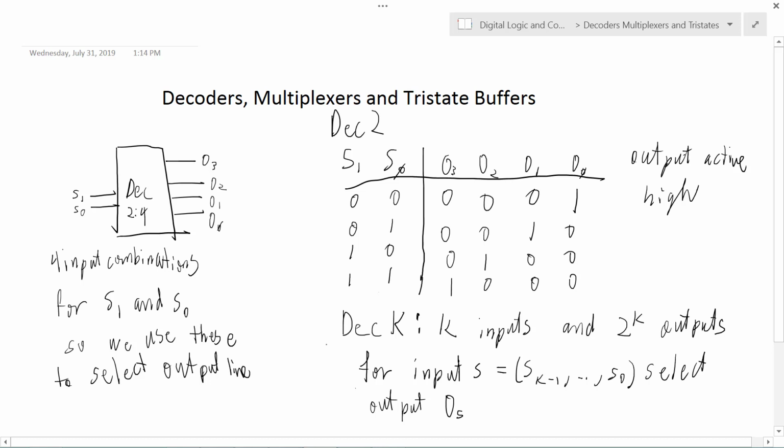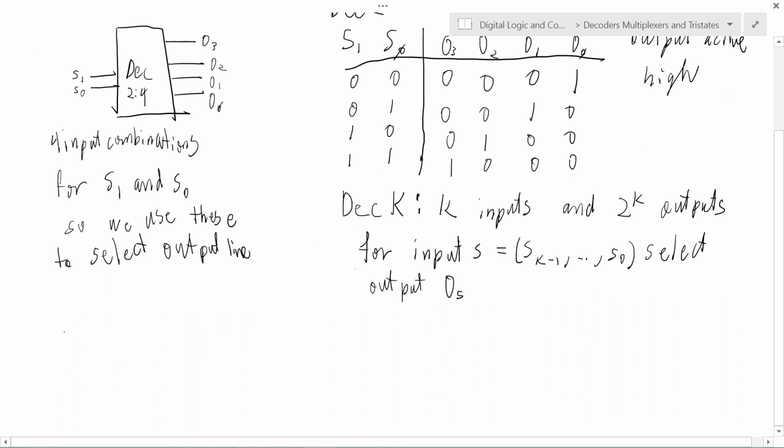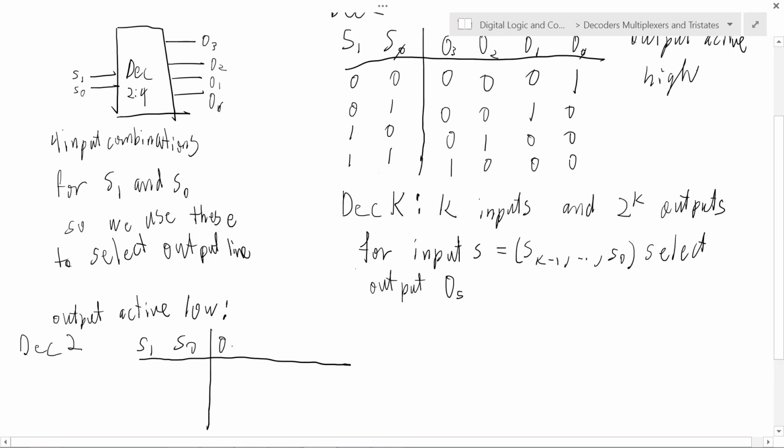There are 2 ways for this circuit to be implemented: output active high and output active low. How does this look? Let's look at the decoder 2 with output active low. We have S1 and S0 for inputs, and we have O3, O2, O1, and O0.